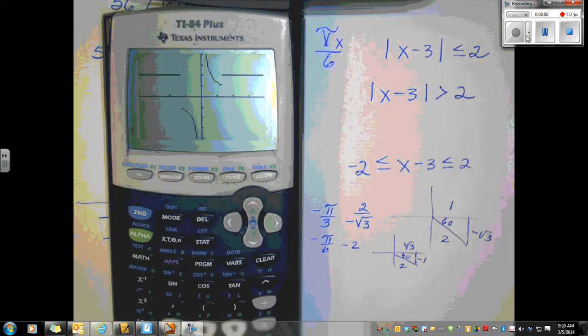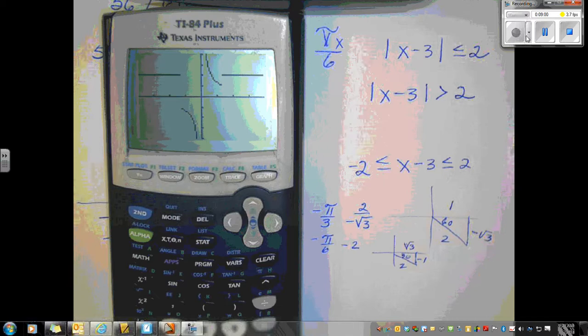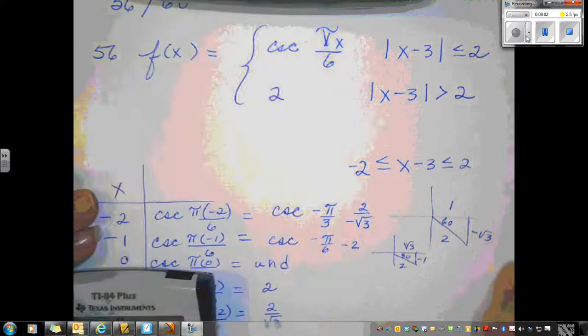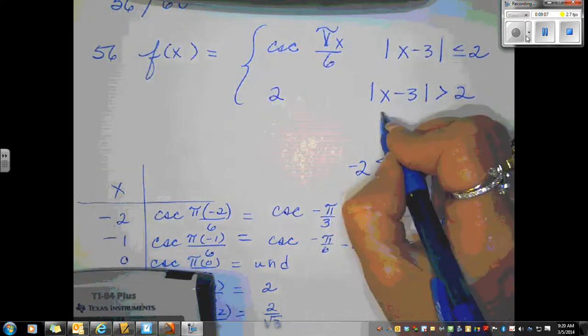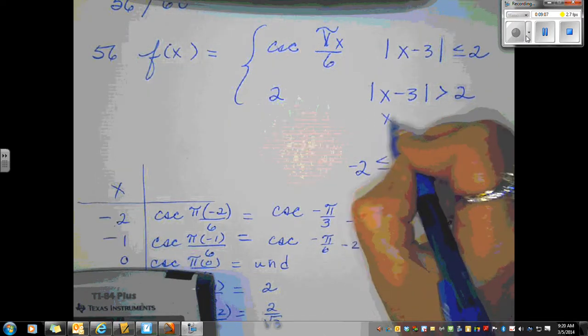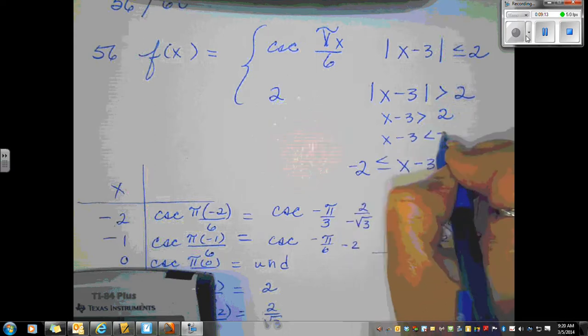Well, all I did was put 2 in here, but I didn't do this. Yeah, this thing here is x minus 3 is greater than 2, or x minus 3 is less than negative 2, right?